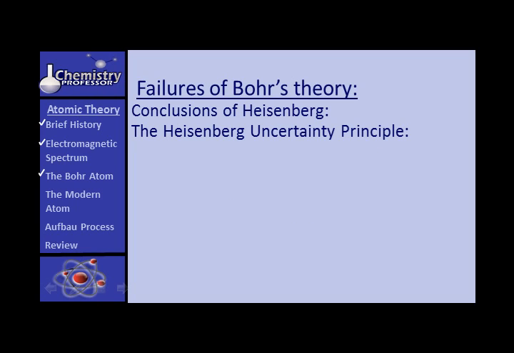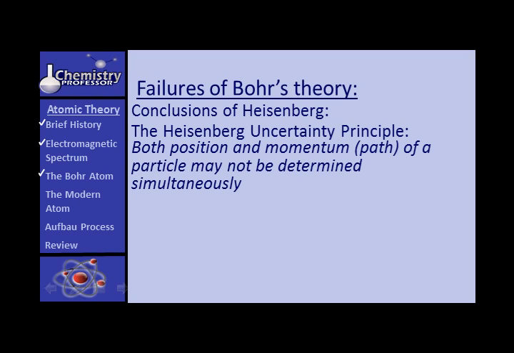And in this principle, he says, you cannot simultaneously determine both the position and momentum of a particle, because whatever you do to locate the position of the particle will cause you to change its path, or whatever you do to locate the path of the particle will change its position. So the problem then is Bohr's electron orbits are too well defined. There's no way that you could know that they're like that.